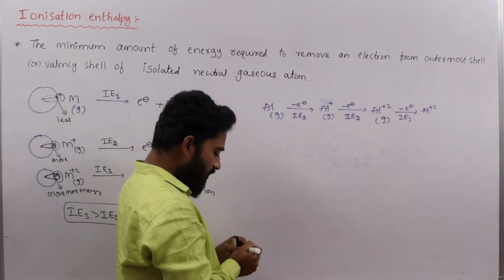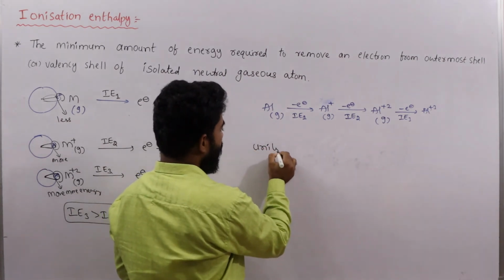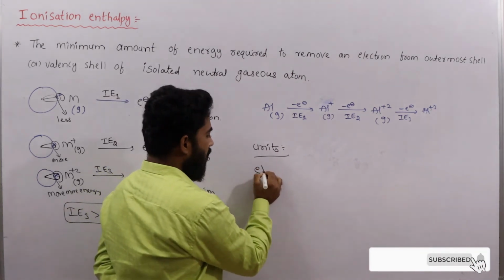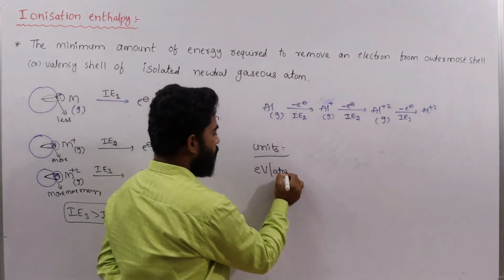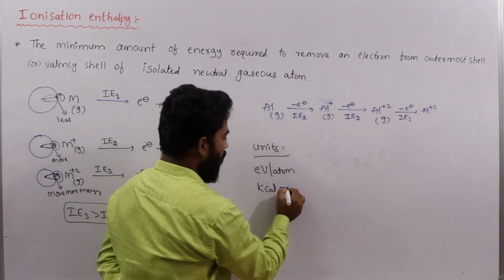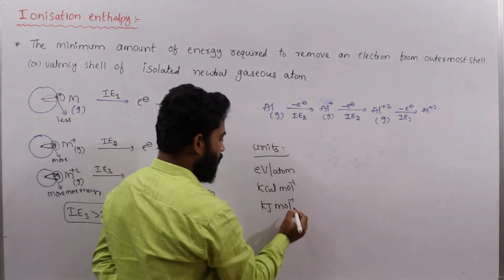Let us see the units. Ionization enthalpy is measured in electron volts per atom, kilocalories per mole, and kilojoules per mole.